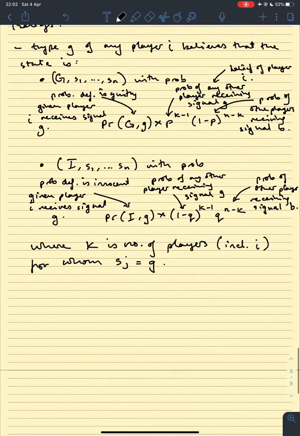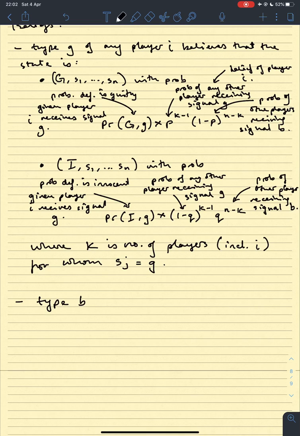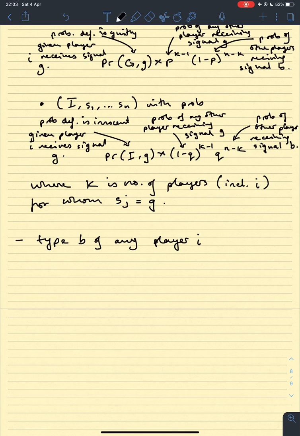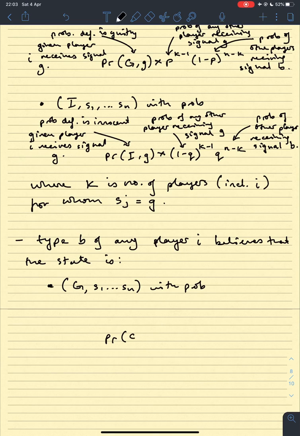Now, type B of any player i, so the type that receives the signal that the defendant is innocent, believes that the state is G, i.e. the defendant being guilty, with the following probability: the probability that the defendant is guilty given that player i has received the signal B, multiplied by p to the power of k, 1 minus p to the power of n minus k minus 1.